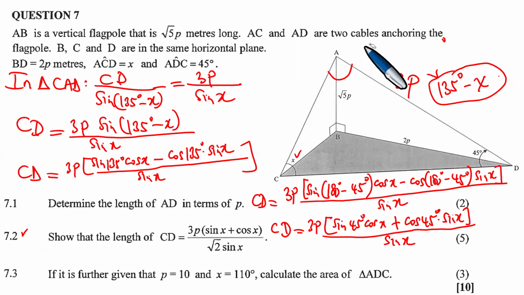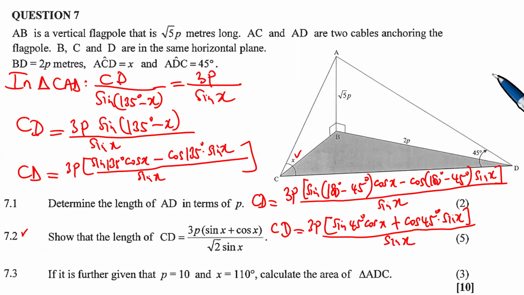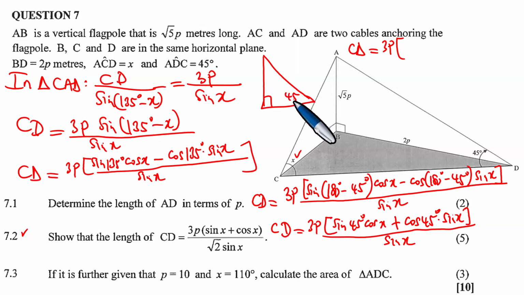So we know, therefore, that CD is equal to 3P, right? What is the sine of 45 degrees? We can draw the special triangle of 45 degrees. If this angle is 45 degrees, the sides are the square root of 2, 1, and 1.